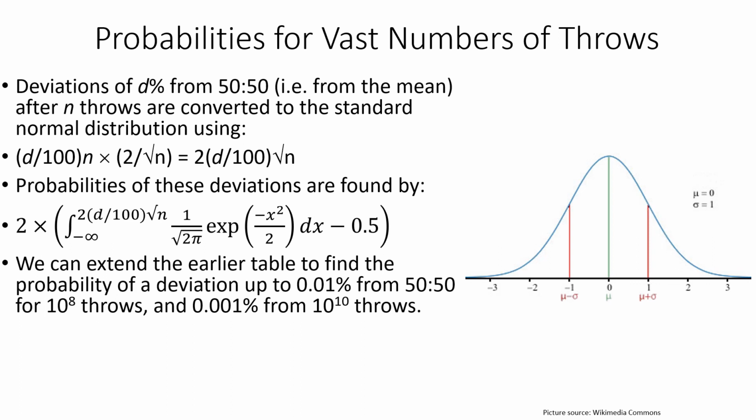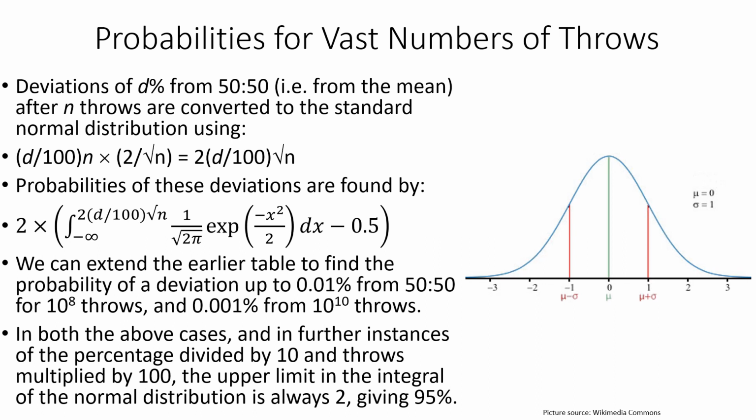And this is what we did in the table. So it just goes to show that it's no coincidence. It means that limit is actually the same every time, so we're basically looking up the same integral every time. And when you look up in the tables what that integral is, you find that you get 95%. And so this is why we kept finding this sort of value like 95% coming up.